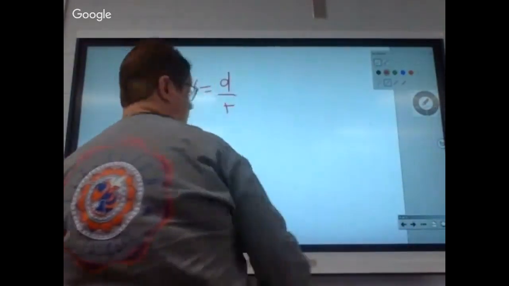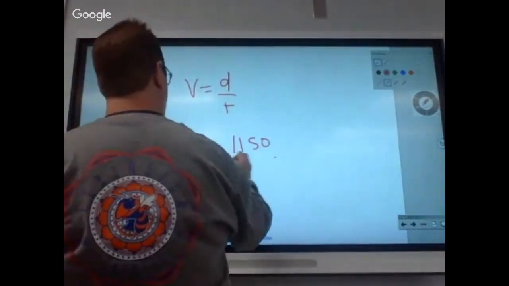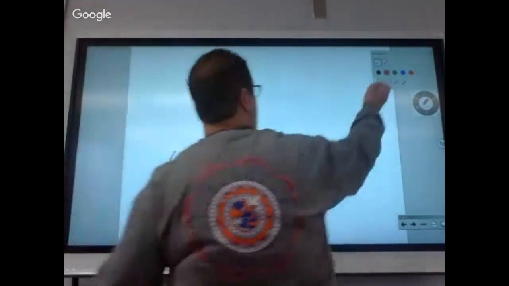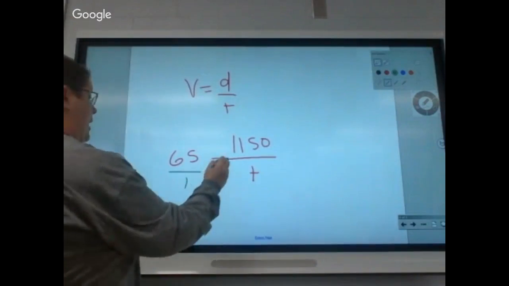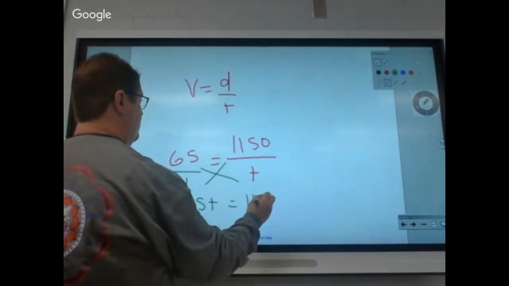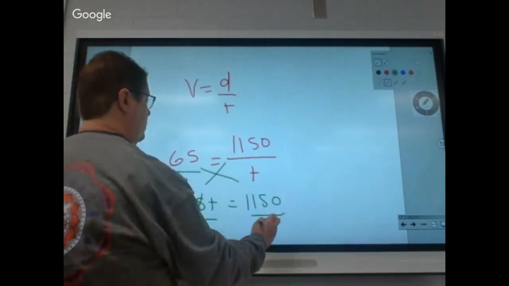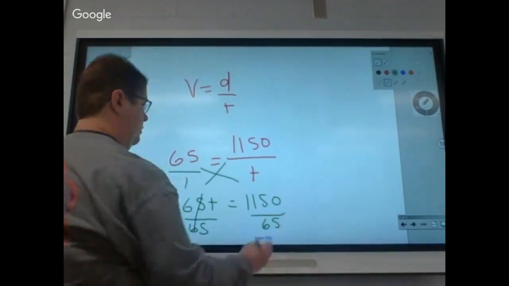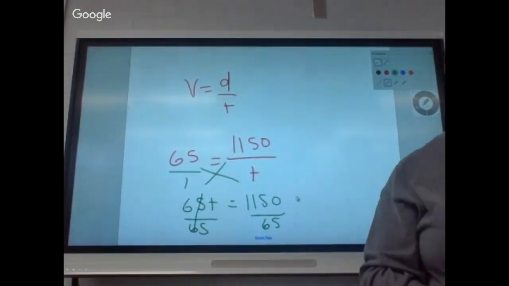So I had a distance of 1150 over time. The speed is 65. Like I told you, I'd put a 1 there if it helps. Cross multiply. You get 65t equals 1150. Divide both sides by 65. Does that help, Diavion? Yeah.